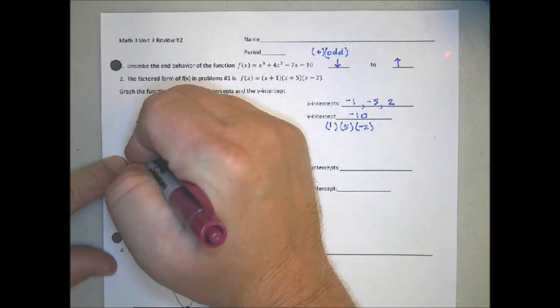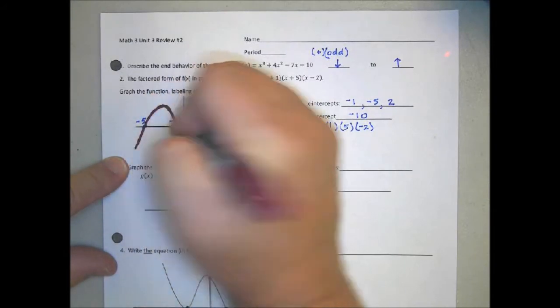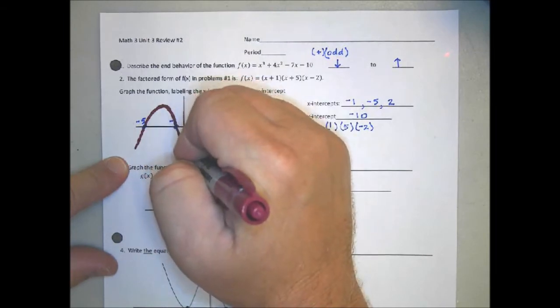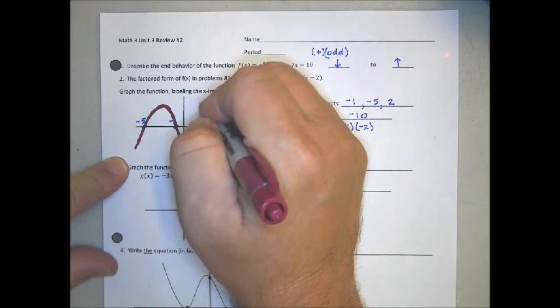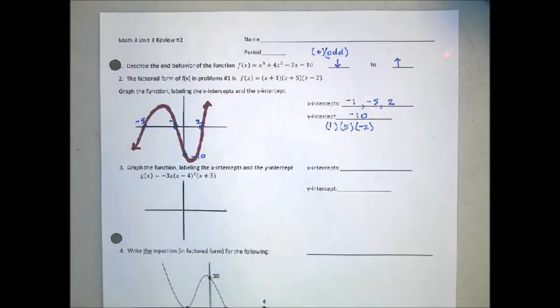It would start low, come up, it would pass through, go around, come back down, pass through, and then go back up. And so it would do something like that. There's your low to high graph.